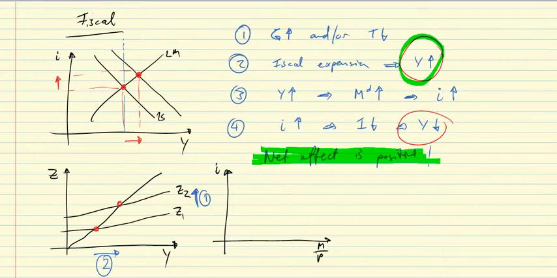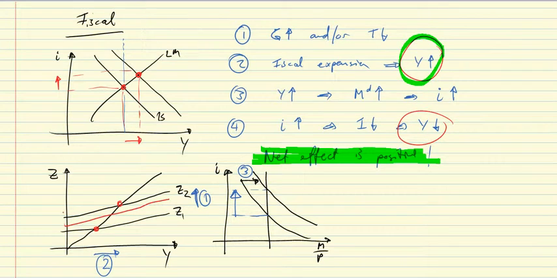Financial market, we have a money demand function, and the increase in income here leads to a rightward shift of this money demand function. So that is 3, the rightward shift in money demand and this increase in the interest rate, which then ultimately reduces investment and hence slightly shifts downward this function here. 4, because of lower investment, and the net effect will be positive.